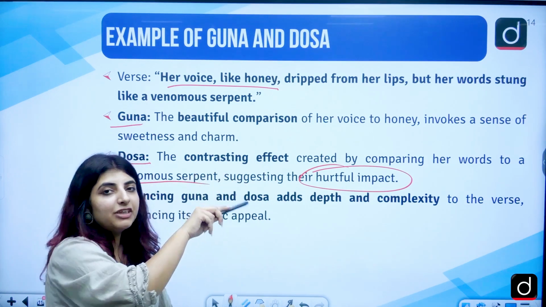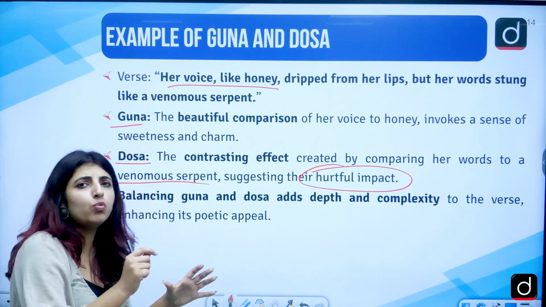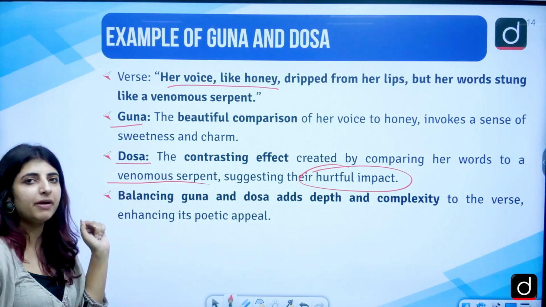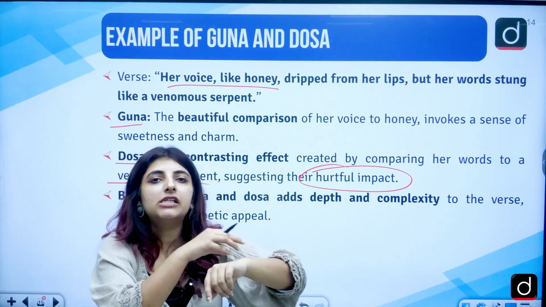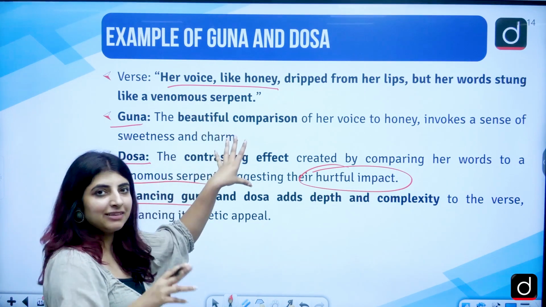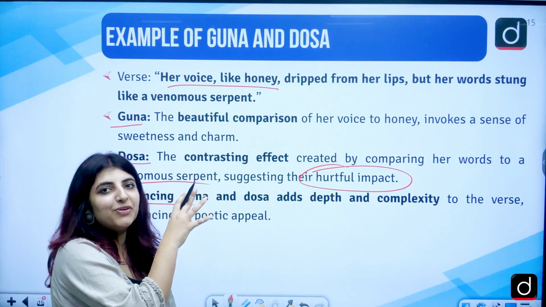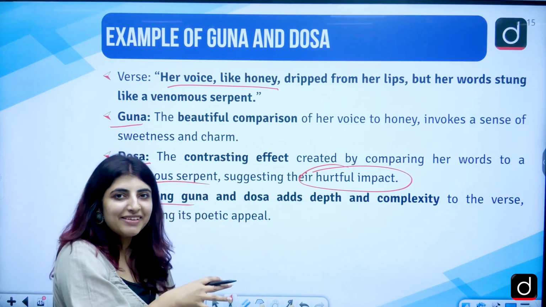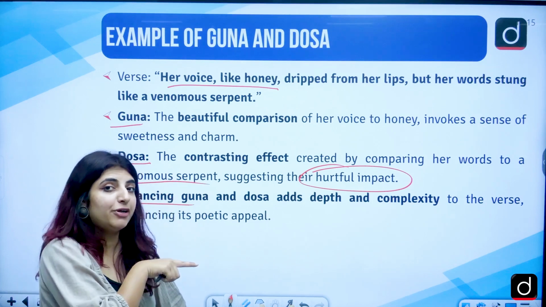So the verse which is here, her voice like honey dripped from her lips, but her words stung like a venomous serpent, that they were so hurtful. They were hurting like a serpent has stung a person. Balancing both these things, because we see how beautifully they have used these particular words in this very particular example. So we see the balancing of gun and dosh in this very particular verse.